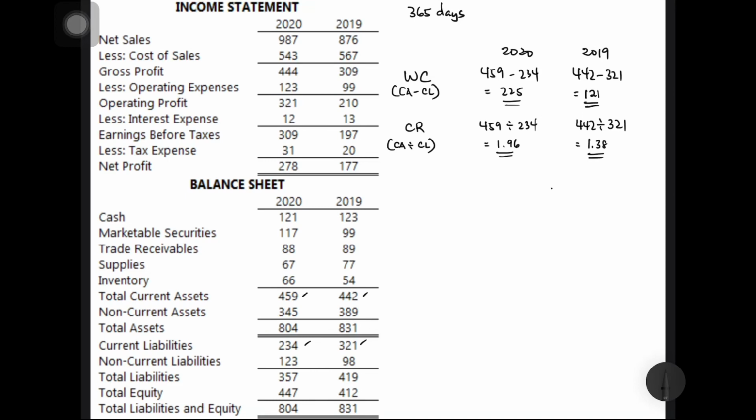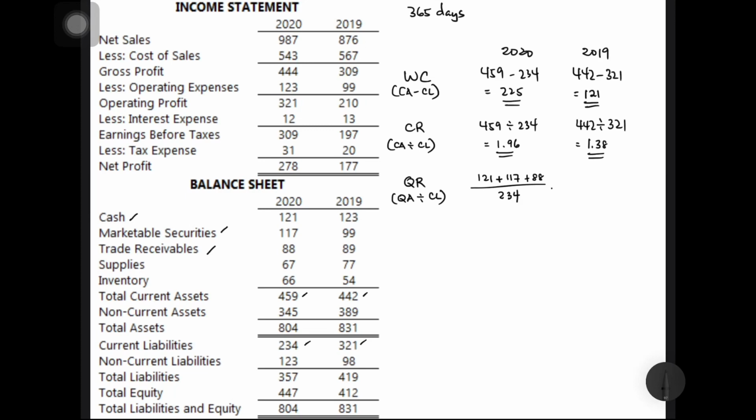How about quick ratio? And the formula for quick ratio is get your quick assets and divide by your current liabilities. And this one, and this one comprise your quick assets. So for the numerator, 121 plus 117 plus 88. This is your quick asset. And then all over your current liability, 234.